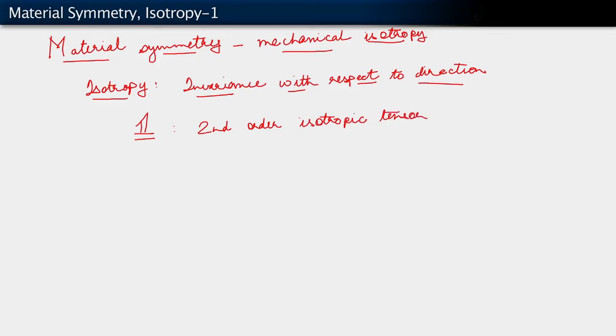And the reason we say this is because we know that this belongs to S3 plus, and the reason we call it an isotropic tensor is because we know that the action of this tensor on any object, on any vector, is to return the same vector to us. And this holds for any vector.